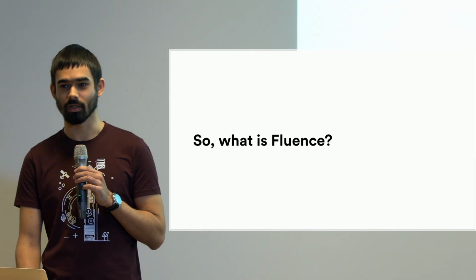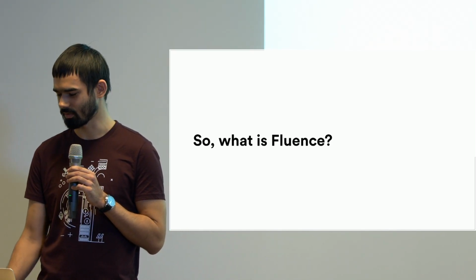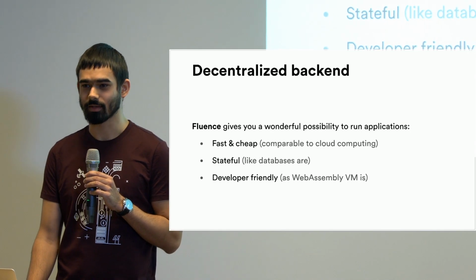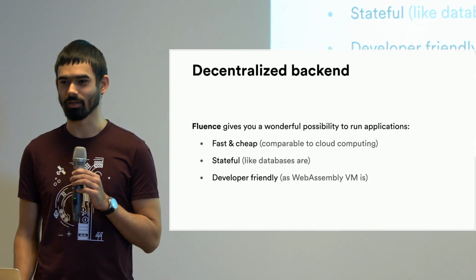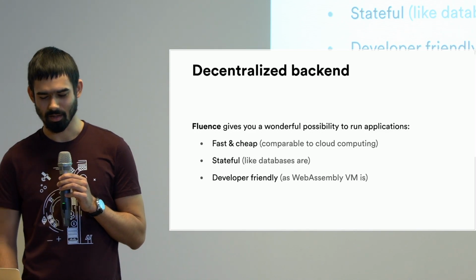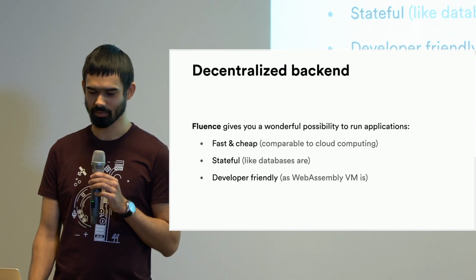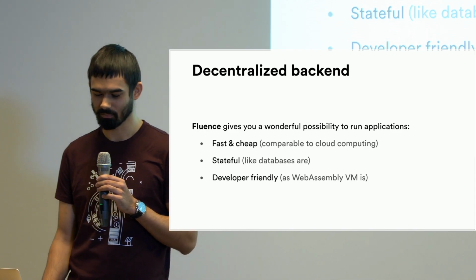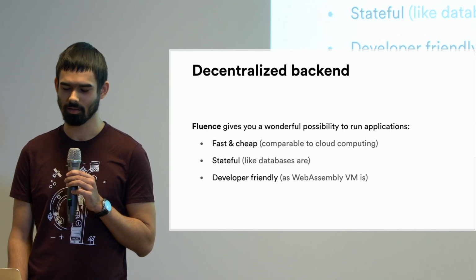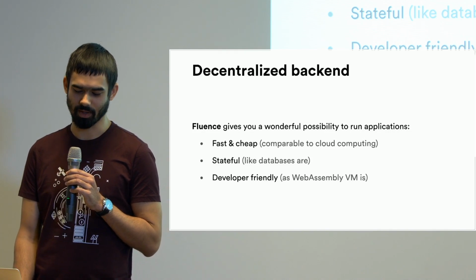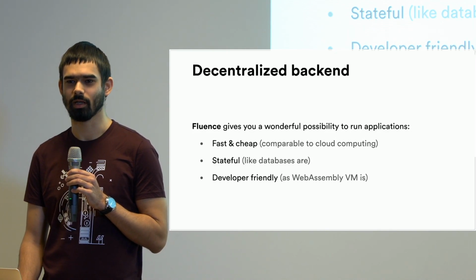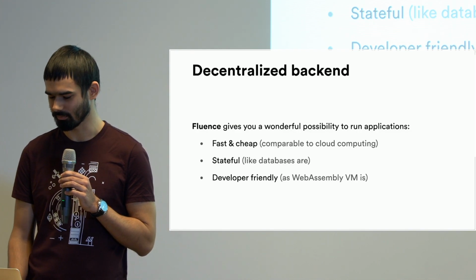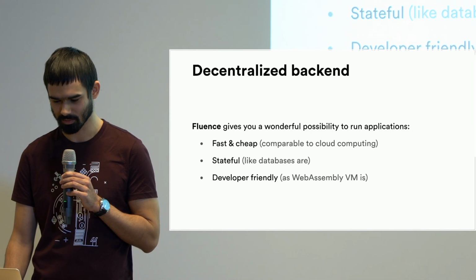So, what is Fluence and what are the reasons for it to exist? Fluence gives you a wonderful possibility to run applications. These applications are fast and cheap, comparable to cloud computing. They are stateful, like databases are, and they are developer-friendly, as the WebAssembly ecosystem is. So that's pretty familiar for most of us.